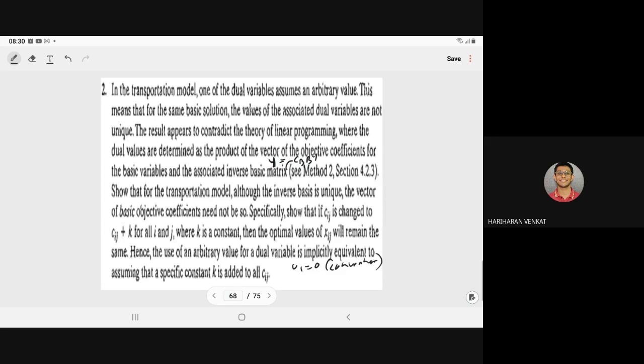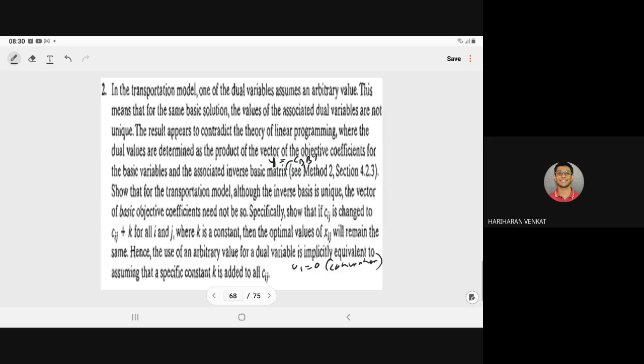For the transportation model, though the basic inverse is unique, the vector of basic objective coefficients is not so. Specifically, if Cij is changed to Cij plus k for all ij, where k is a constant, then the optimal value of xij will remain the same.